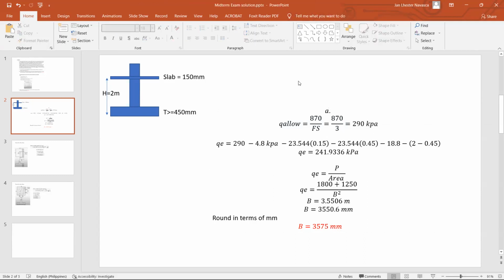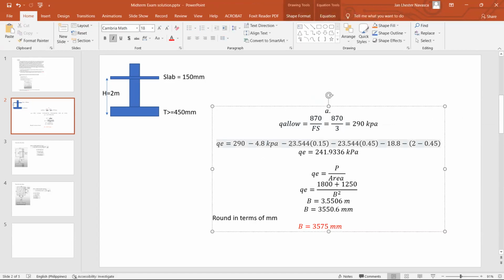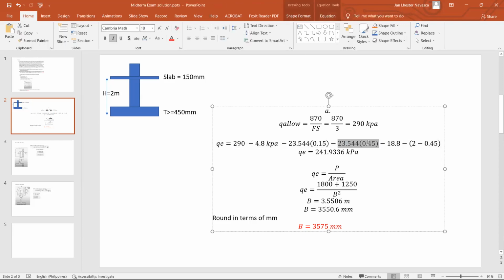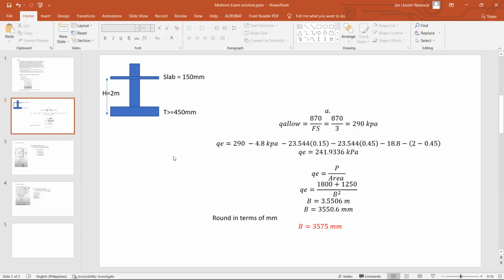Then, solve for QE. Di ba yung QE natin is basically QA, yun yung net kung ano yung matitira dun sa soil bearing capacity. So, just subtract the surcharge load, this one, the weight of the slab in kPa. So, it should be 23.544 multiplied by 0.15 meters. Okay? The weight of the footing, which is 23.544 times 0.45 thick. So we will start using this thickness.